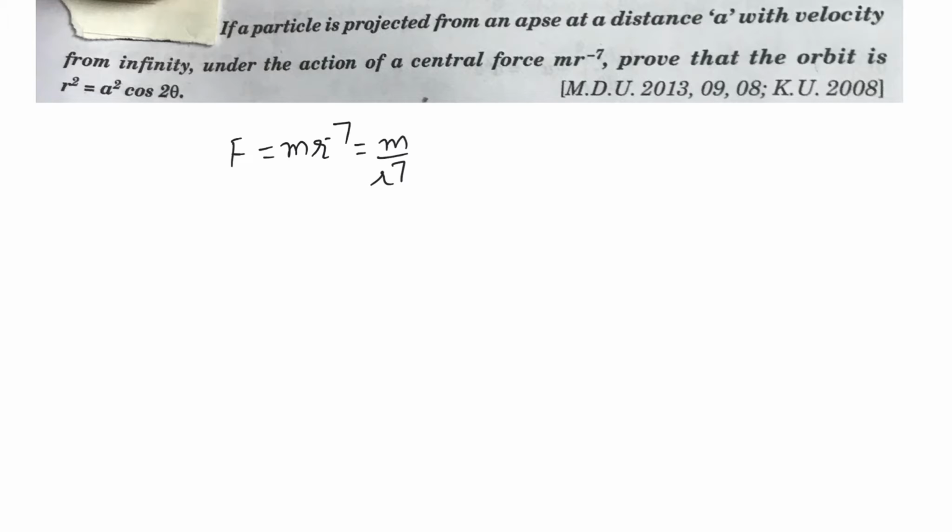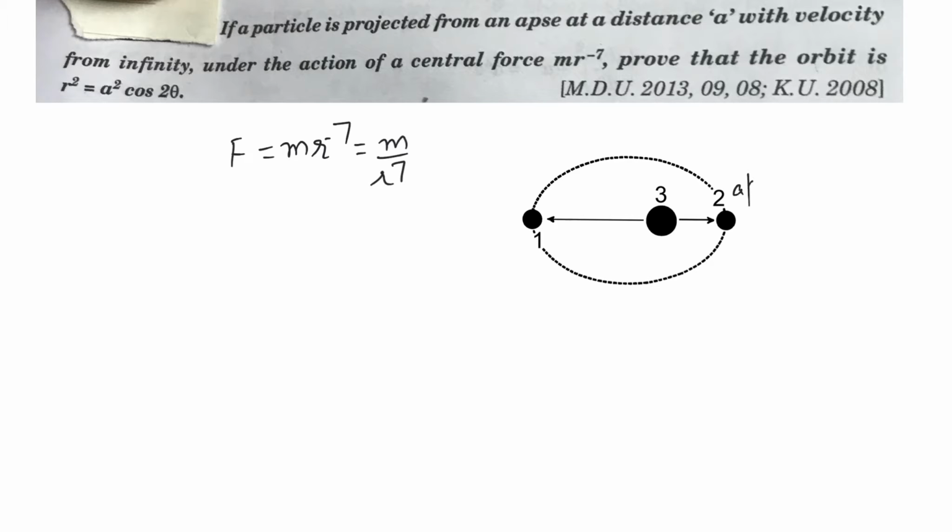Now if we draw the diagram, it will be something like this. Say this is the apse, and this distance is a.